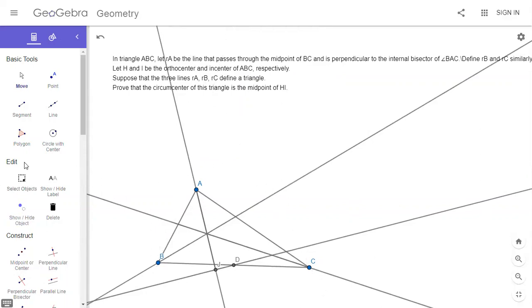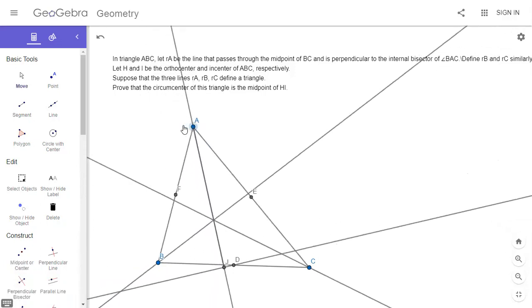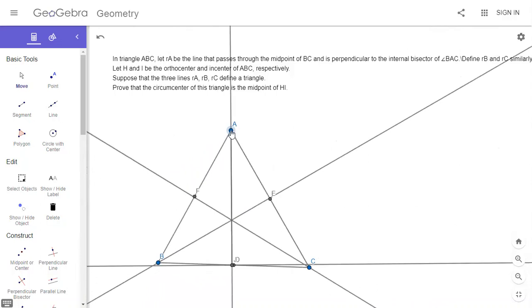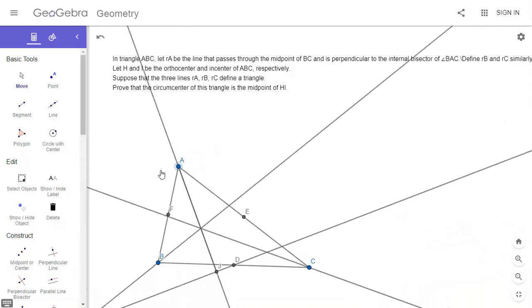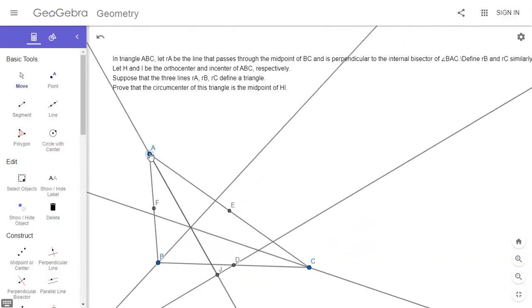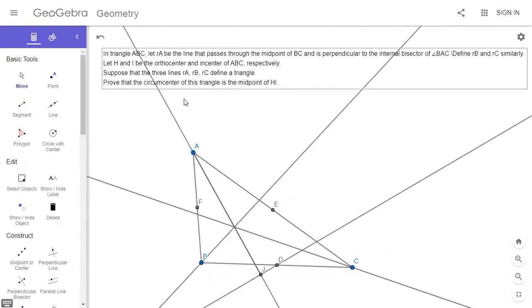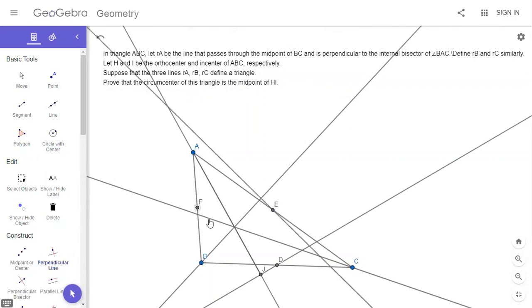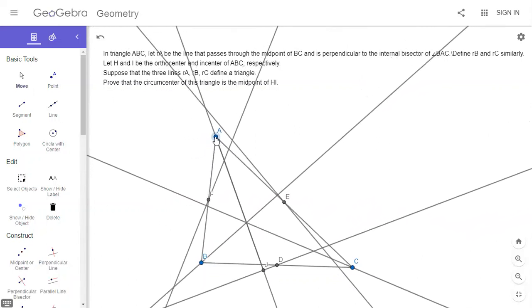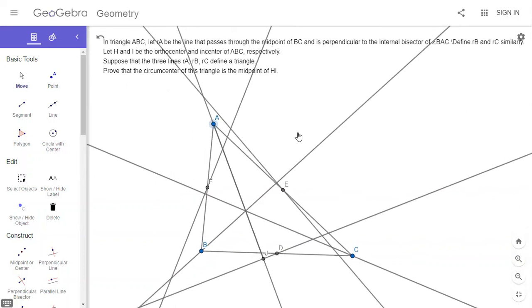Okay, so I need the other midpoint. That's a midpoint. That's a midpoint. Let's see. Yeah, I want to make the midpoints not so close to the others. And then that perpendicular. No, that's right. Yeah. Okay. Let me move it up a little bit. So I'm just going to highlight the 3 lines we want.